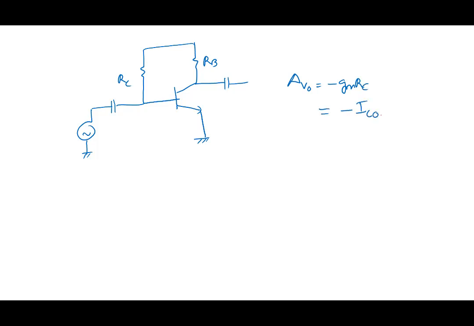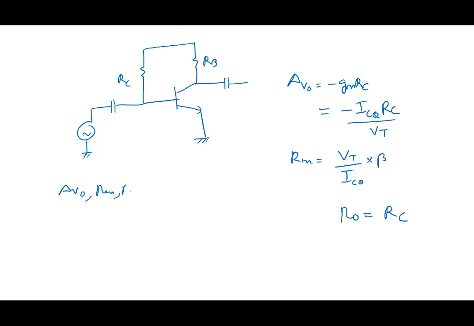Sometimes we use the word Q to refer to quiescent point. These are DC values. AV0 is minus that. If you look at Rn, we said Rn is VT by ICQ multiplied by beta. If you look at R0, R0 is RC.